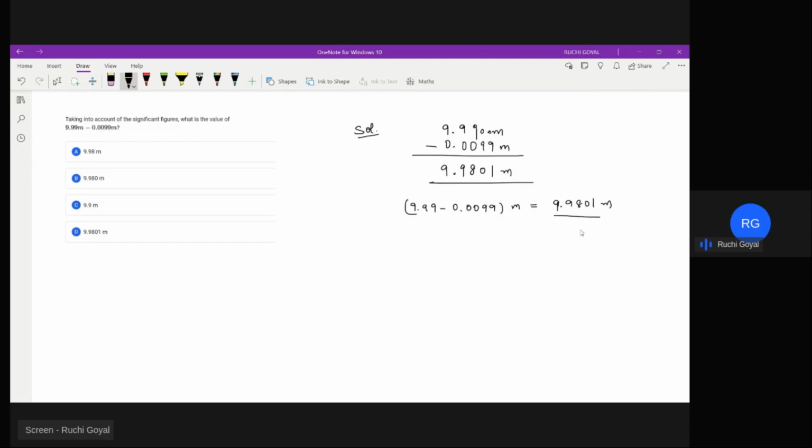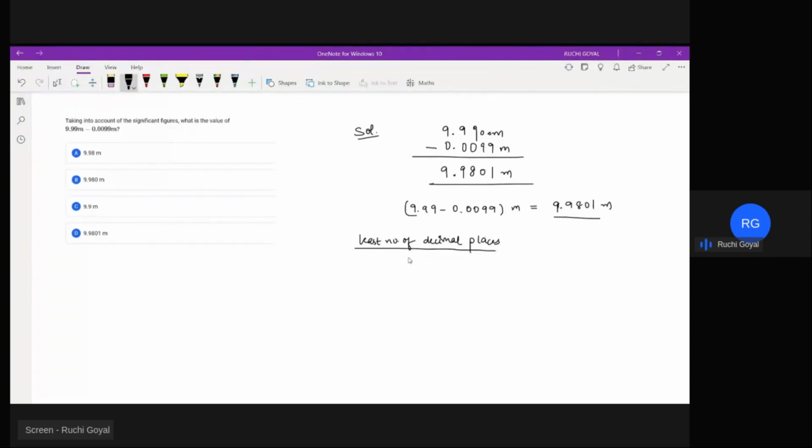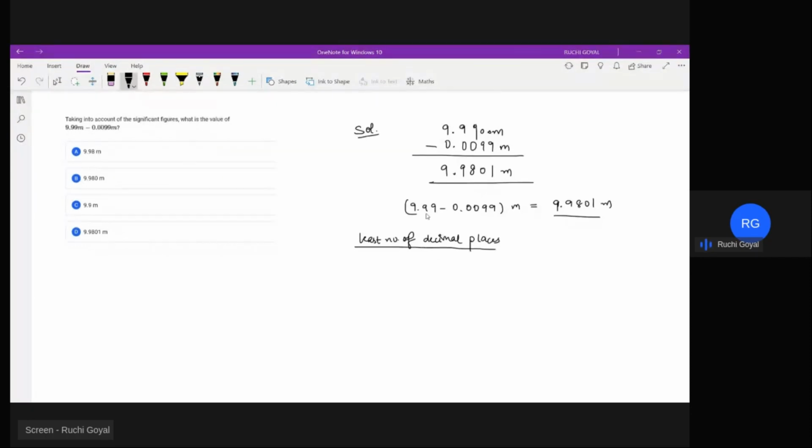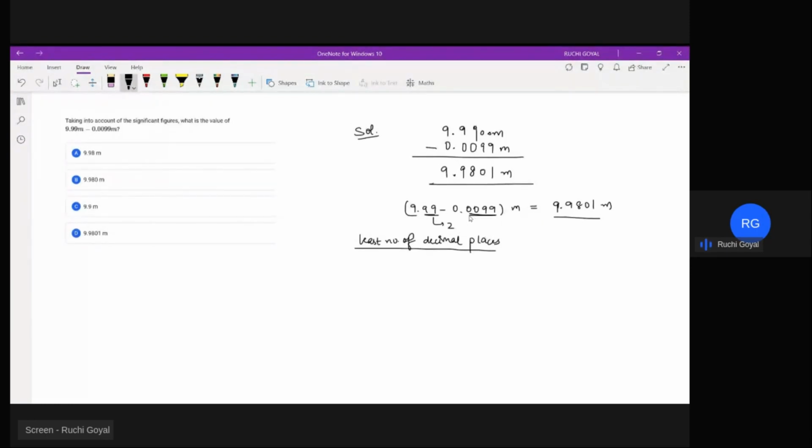Now in addition and subtraction, we look at the least number of decimal places. Whichever number has the least number of decimal places, we round off the answer according to that. Here one number has 2 decimal places and the other has 4.